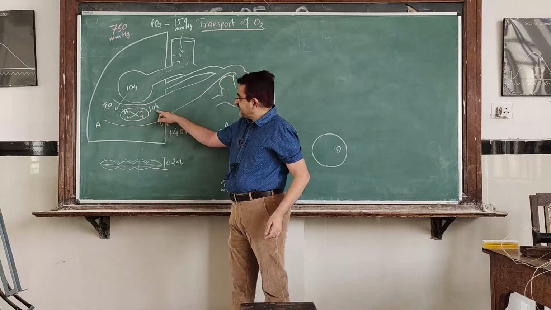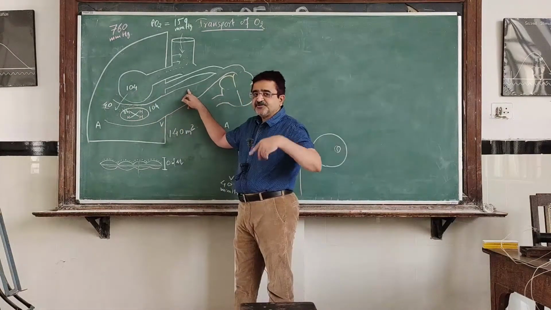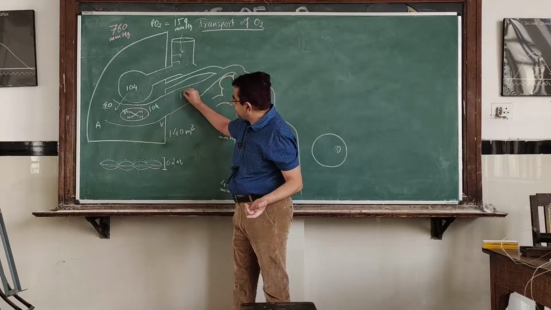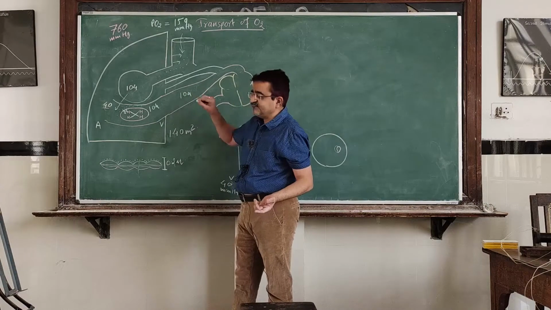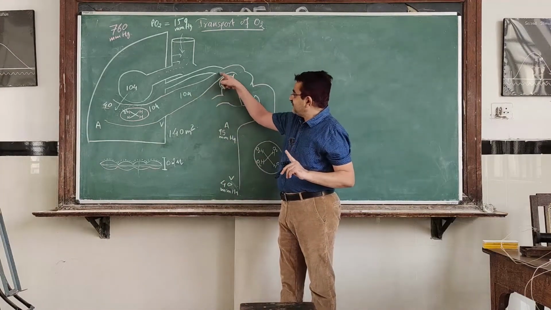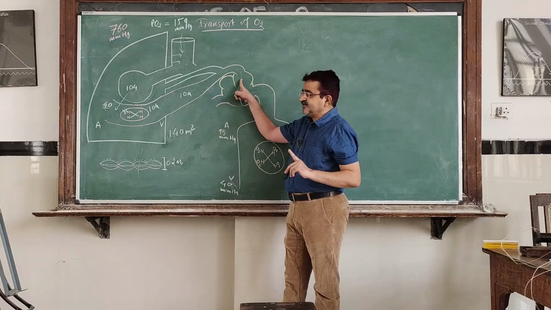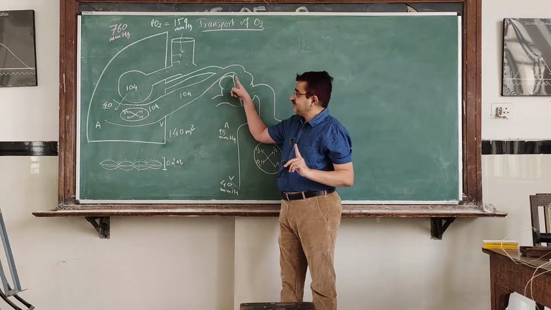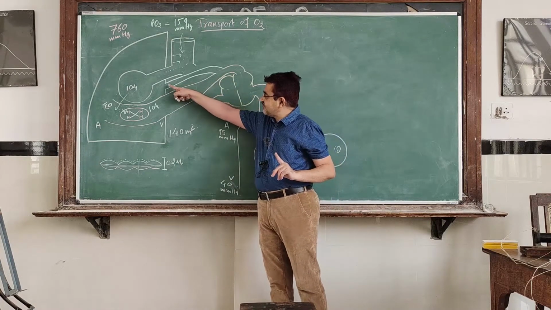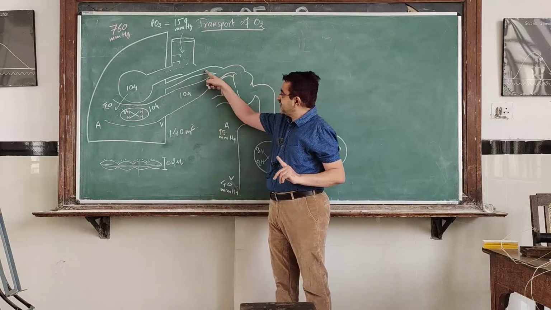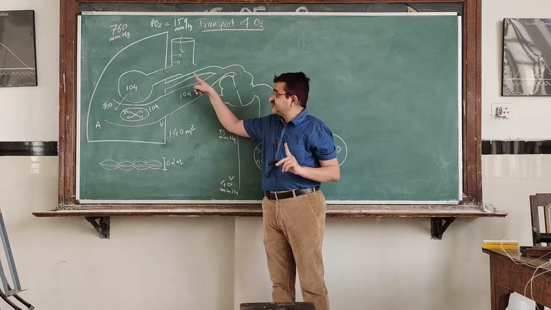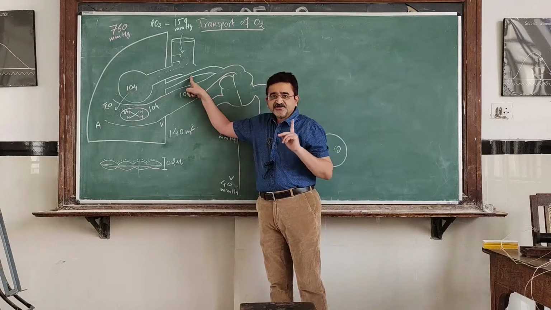Now blood leaves the lung and enters the pulmonary vein. The partial pressure of oxygen in the pulmonary vein is again 104 millimeter of mercury. This pulmonary vein is about to enter the left atrium, but before it does, one small vein from the lung joins it. The name of this vein is the bronchial vein.